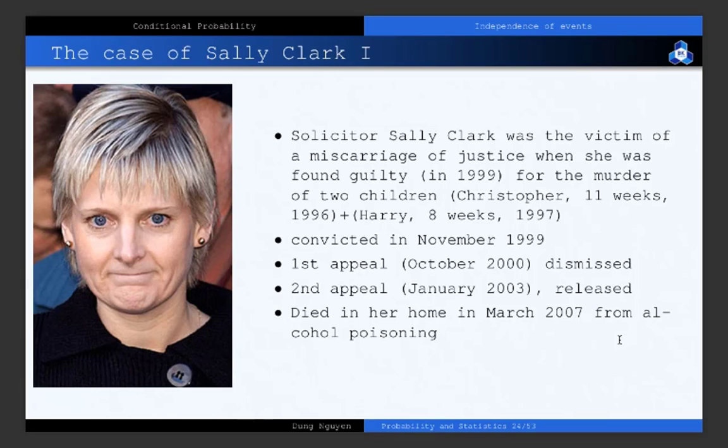Then she was convicted in November 1999. The first appeal was dismissed in fall 2000. However, after the second appeal in 2003, she was released, but she was found dead in her home in 2007 due to alcohol poisoning.